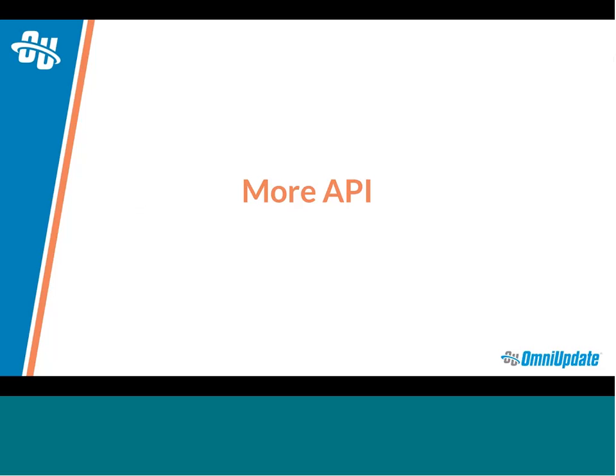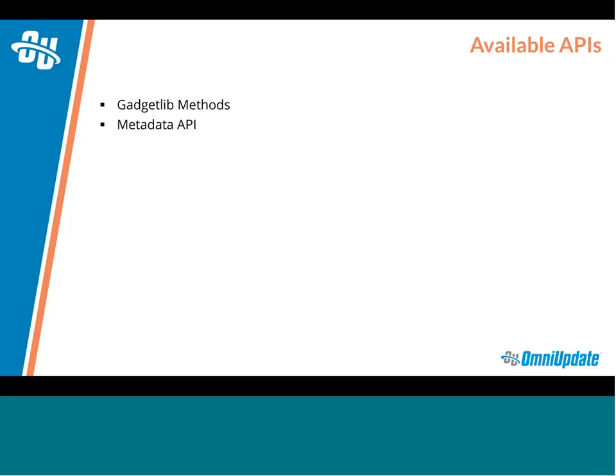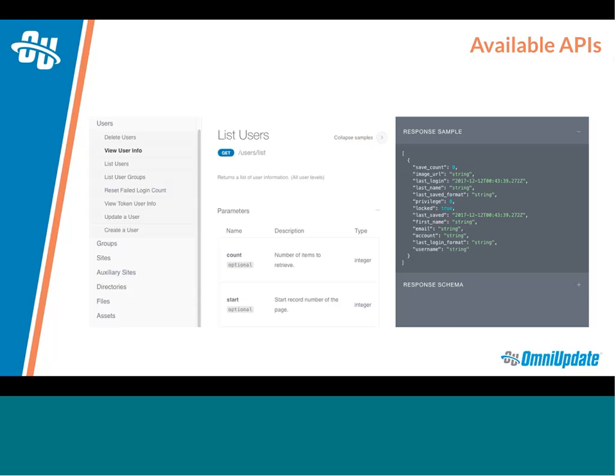So we can go over a little bit more information about the API, because other than the GadgetLib and metadata APIs, we also have OU Campus APIs. OU Campus APIs you have seen hopefully on developers.omniupdate.com.